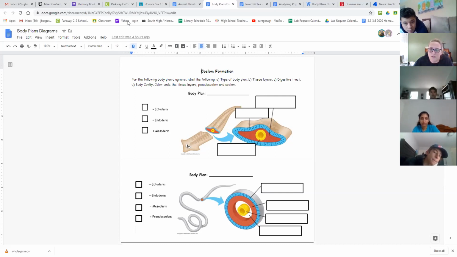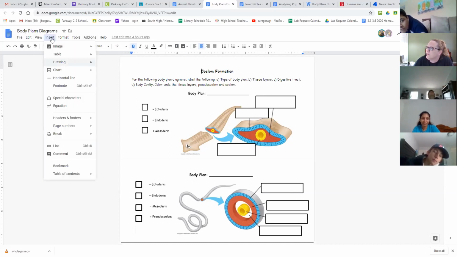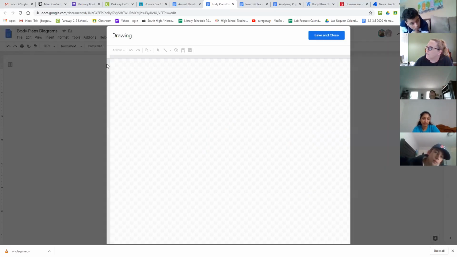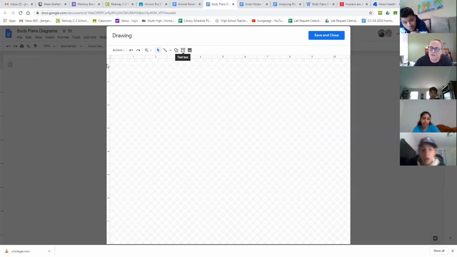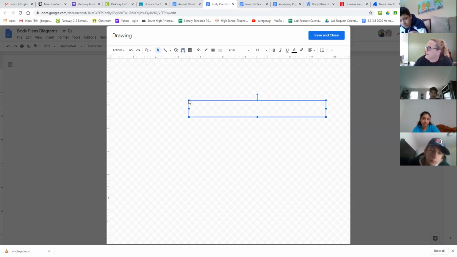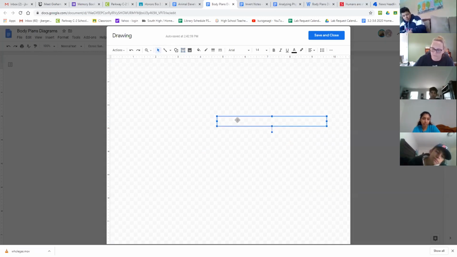If you don't have a printer at home because your little sister used up all the ink, then you can go up here to insert and go to drawing and new. And you see this little T here? Does everybody see the T with the box around it? If you click on that, then you can make a text box and you can put endoderm.